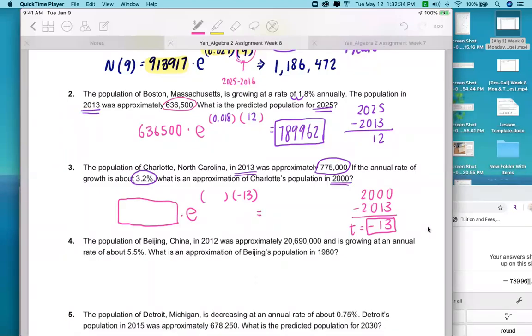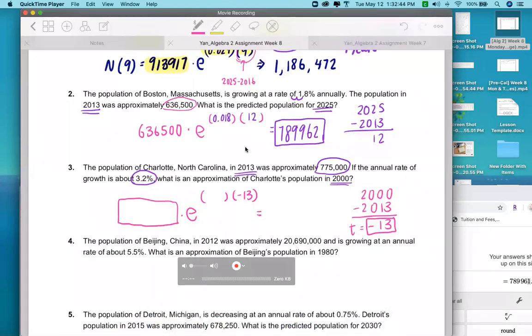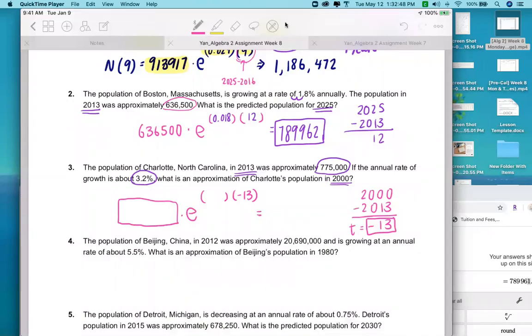I'm seeing different numbers. Hold on. Okay.